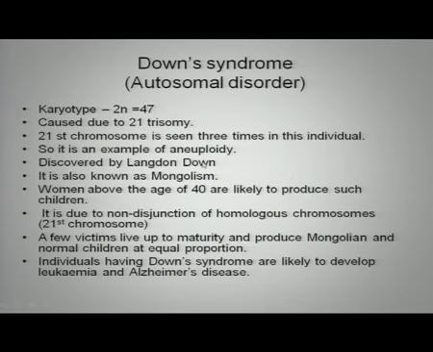It was discovered by Langdon Down, so known as Down syndrome, or common in Mongolians, so known as Mongolism. You know, late marriage and late pregnancy above the age of 40 in women most of the time leads to abnormalities in the fetus, and they are likely to produce children with Down syndrome.